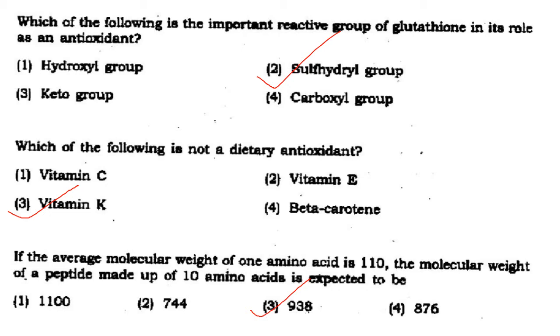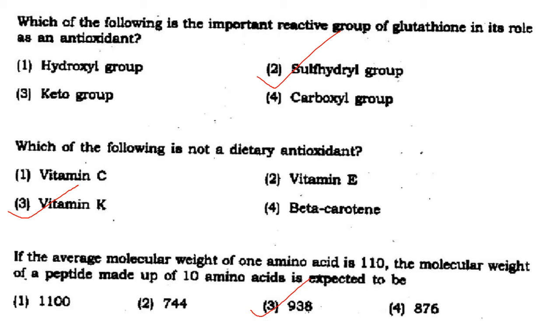Now they have given the molecular weight of one amino acid is 110, and they have made a peptide which is made up of 10 amino acids. So the molecular weight of these 10 amino acids will be 110 into 10, that is 1100. Now in the formation of a peptide bond, one molecule of water will be lost.